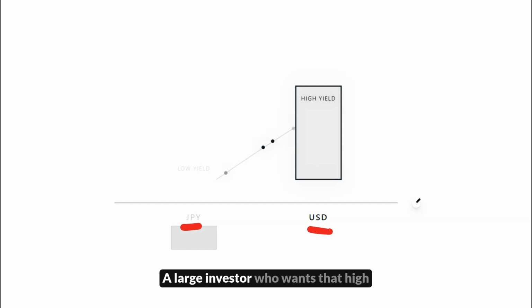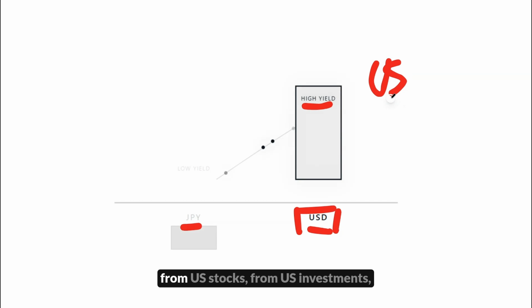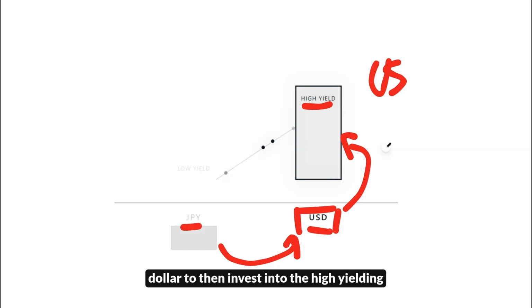A large investor who wants that high yield from US treasuries, US stocks, US investments, let's say they are a Japanese investor, needs to sell Japanese yen to buy the dollar, and then invest in the high-yielding assets, whether stocks or treasuries. So demand for the dollar, because of its high yield, increases. And that supports, for instance, the dollar against the Japanese yen.